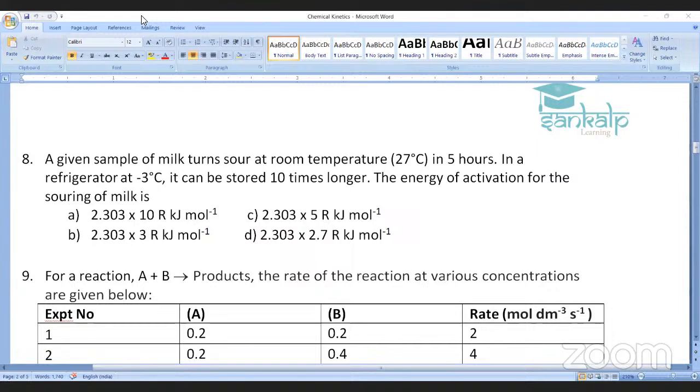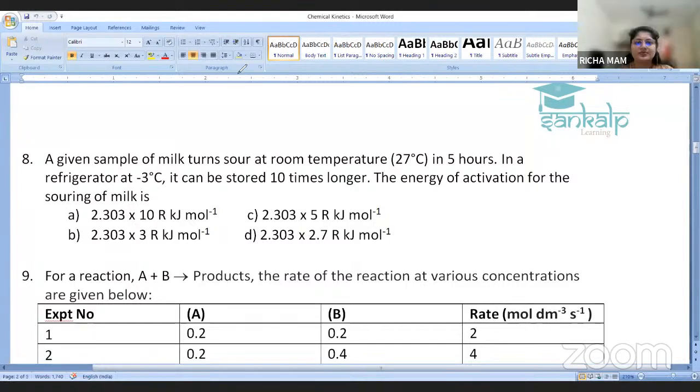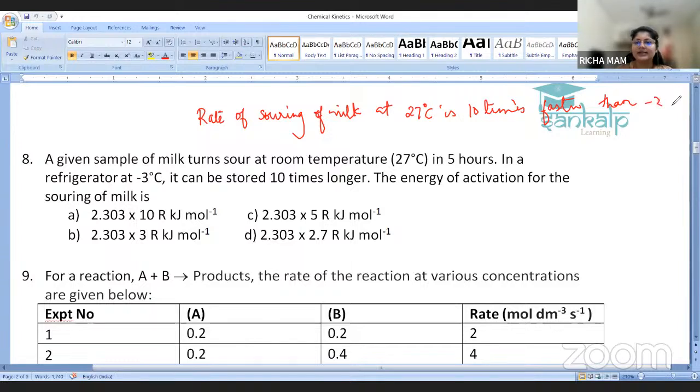So how are we going to find the energy of activation? How are we going to solve this? First we will write what is given. The rate of souring of milk at 27 degrees Celsius is 10 times faster than at minus 3 degrees Celsius.